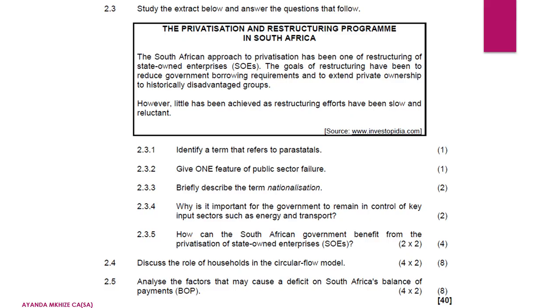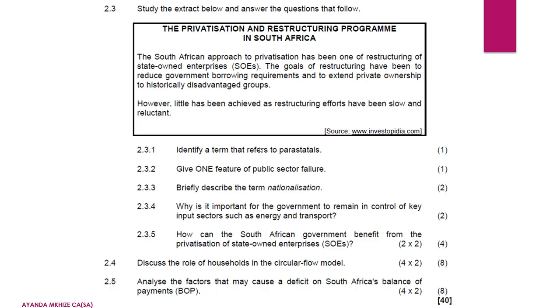Think of Sapornet, from before maybe you were born or when you were young, or Transnet. Transnet is the company that provides transportation by sea or rail, which is your trains. Those two are examples of state-owned enterprises, in case you do not know what they are.